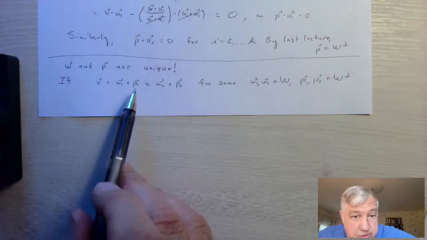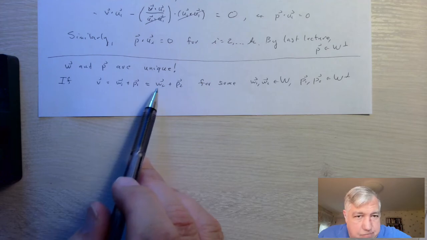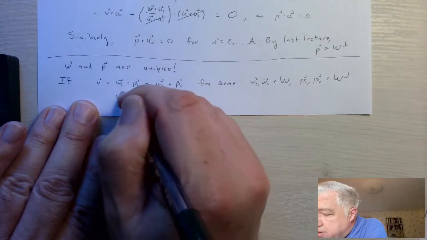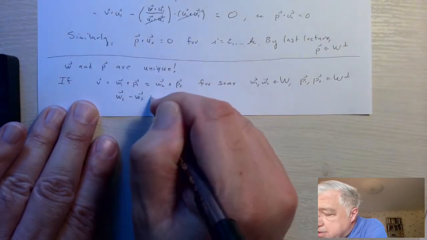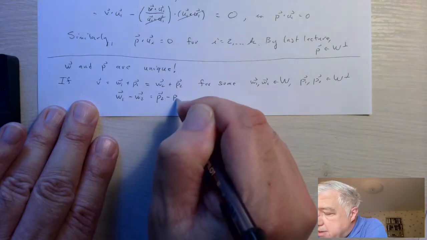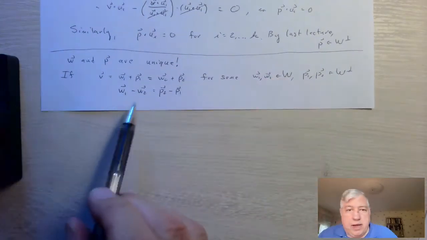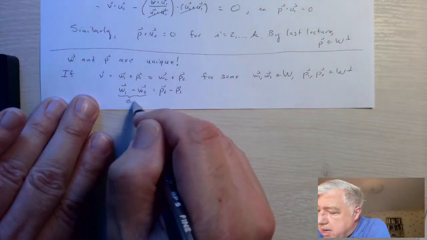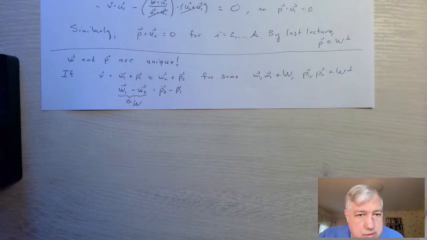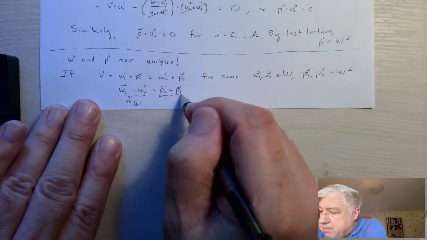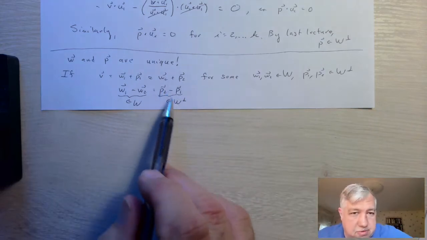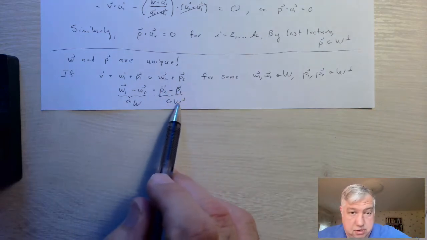From here, we can do a little rearranging. We can subtract W2 from both sides and P1 from both sides, and we'll get that W1 minus W2 is equal to P2 minus P1. Then this is in W because W is closed under vector addition, and similarly W perp is a subspace, so it's closed under vector addition. So this expression is going to be in W perp.